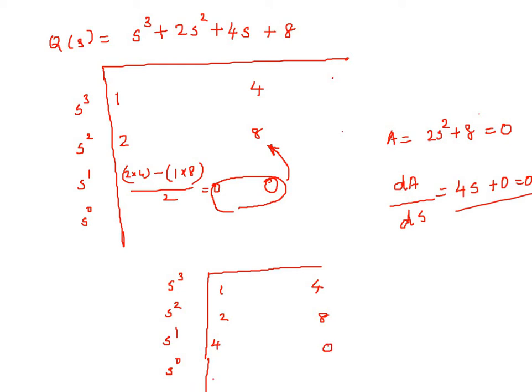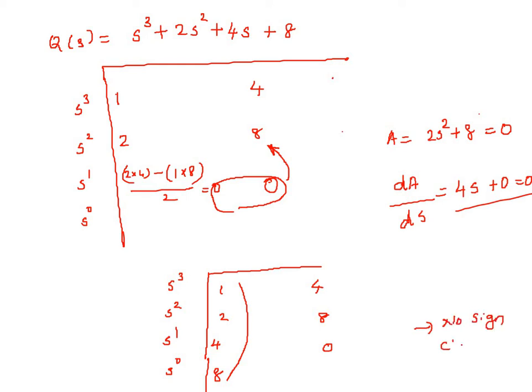Now the coefficient corresponding to s raised to 0 will be 4 into 8 minus 2 into 0 divided by 4, that will be 8 itself. So now in this first column there is no sign change.